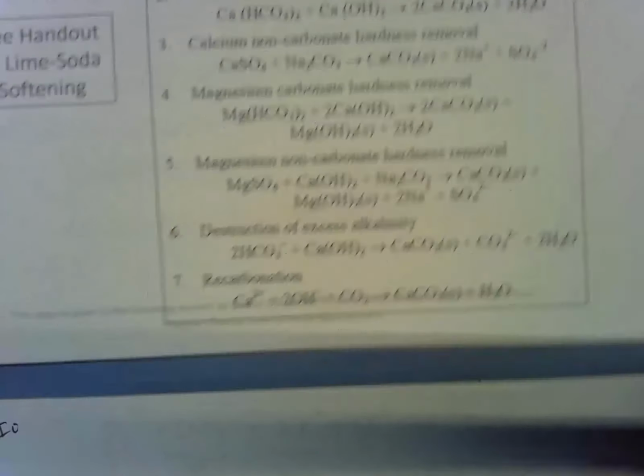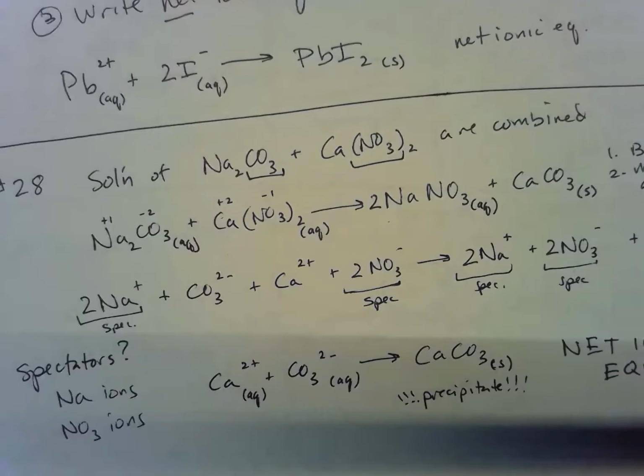So anyway, that's going on at drinking water treatment plants all over the world right now, as they're pulling hardness out of water that makes it difficult to use. And yeah, so anyway, a little interesting fact there.